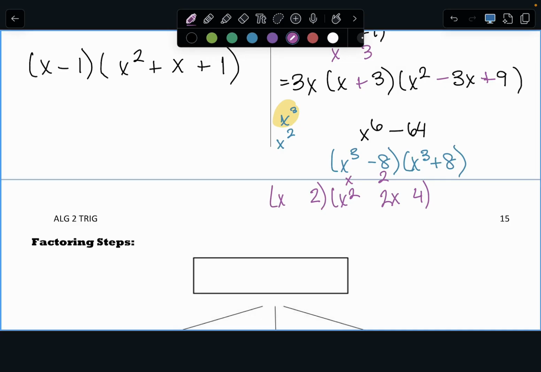Same, so minus, opposite, plus, always positive, plus. That's half of it. We have to do it again. Same numbers are going to go in, same terms. We're just going to switch all the signs except for the last one. So now we'll have x plus 2, x squared minus 2x plus 4.